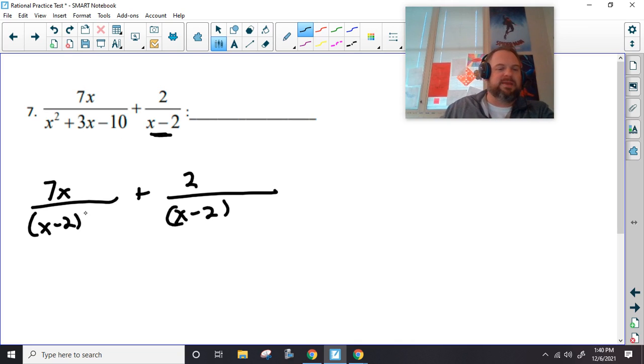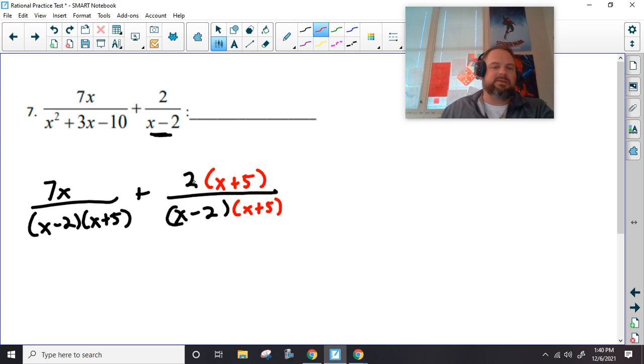This binomial is going to be in one of the factoring parts. So you basically have to see, okay, this has an x minus 2 and an x plus 5. This only has an x minus 2. So in the spirit of giving, we give this rational x plus 5 top and bottom.